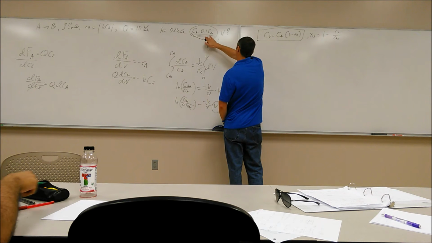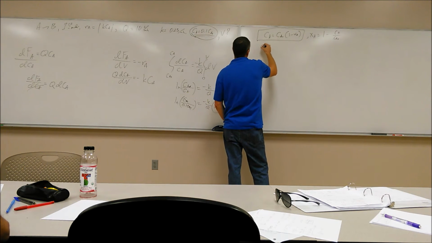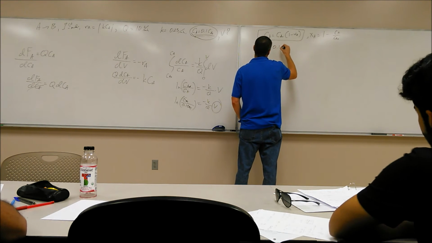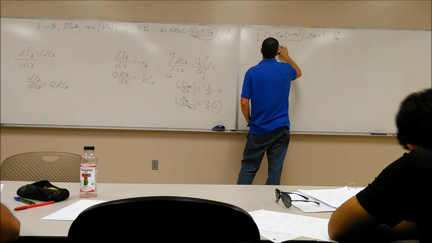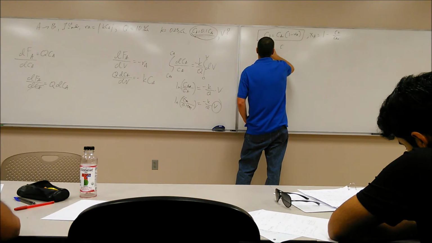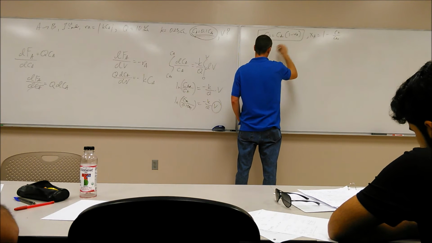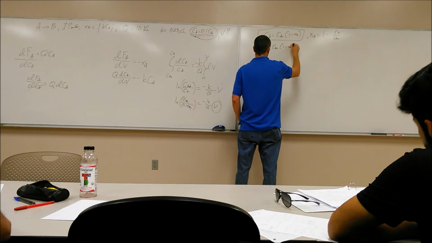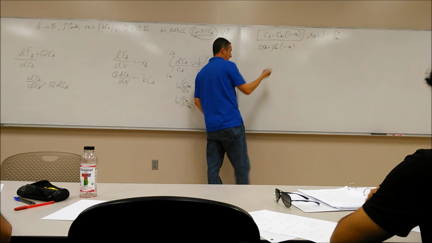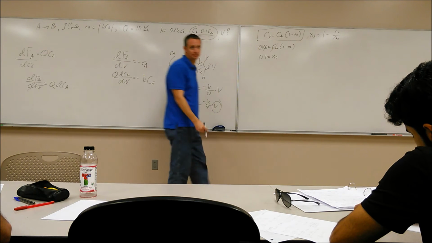So, using this equation and putting this in there, I got CA equals 0.1 CA naught, which equals CA naught times 1 minus XA. Those cancel out so that 0.9 has to equal XA, right?